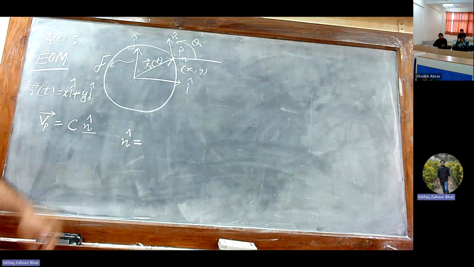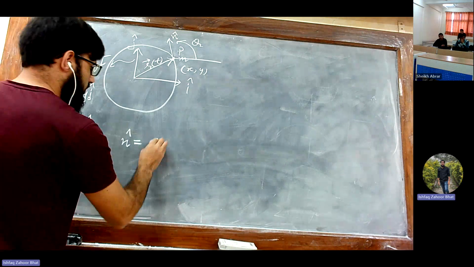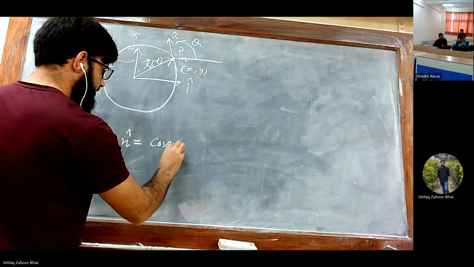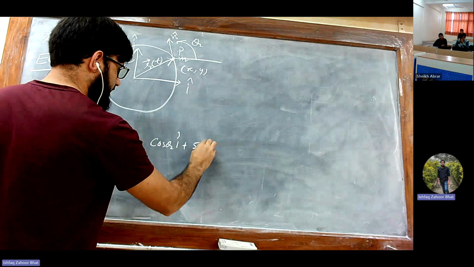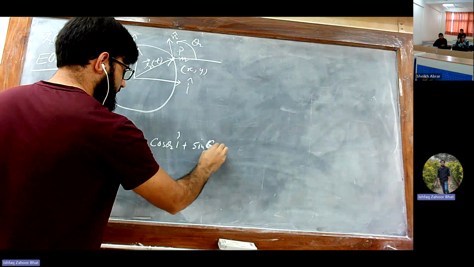This n was basically cos of theta i plus sine of theta j.